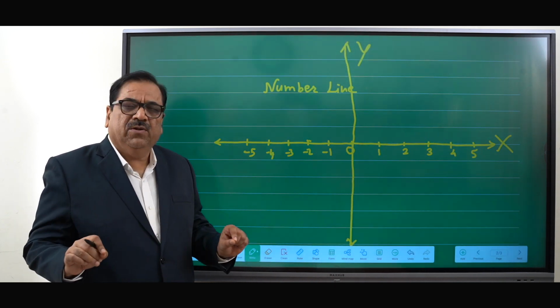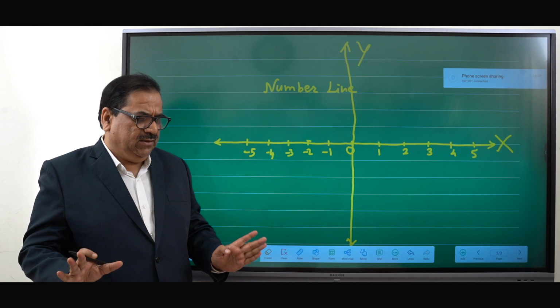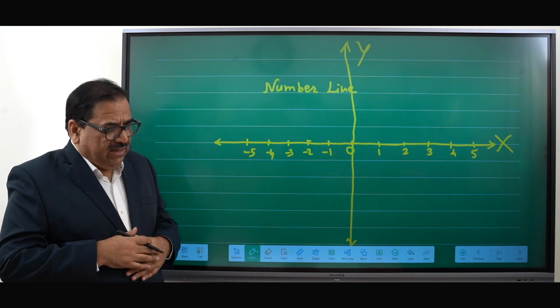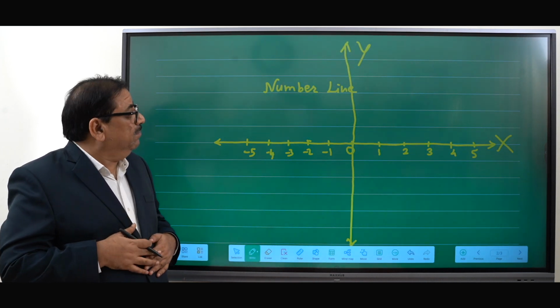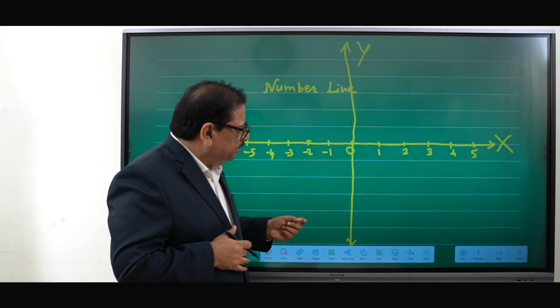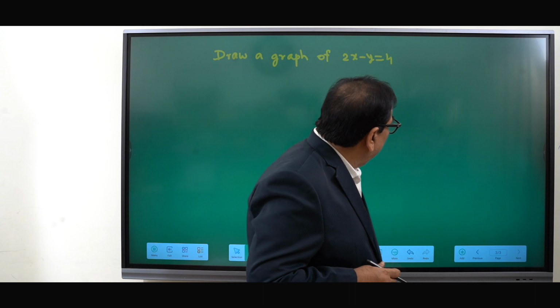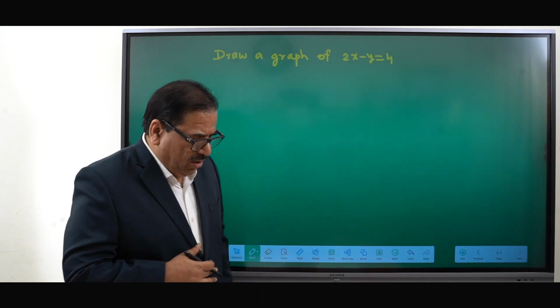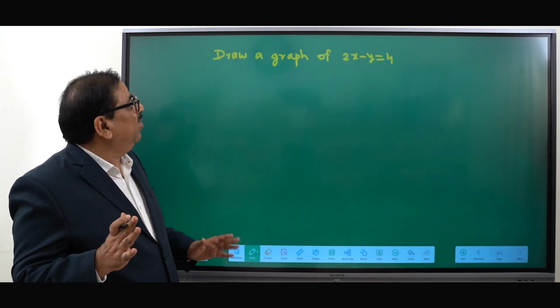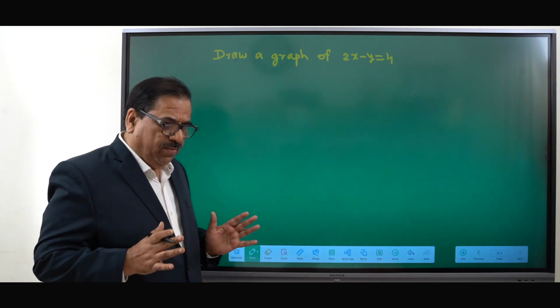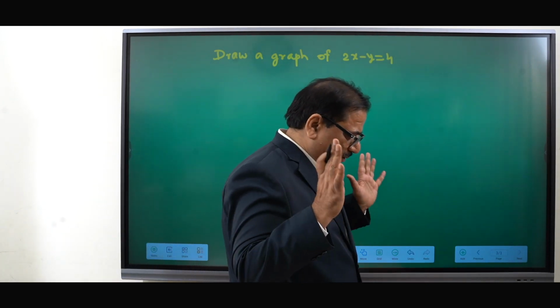On the graph, we can mark the x-axis, mark the y-axis, and mark points properly. So friends, now we will learn how to draw a graph of a given linear equation.